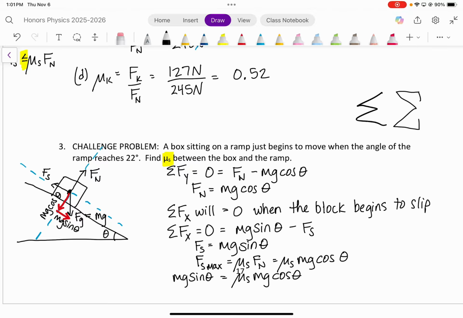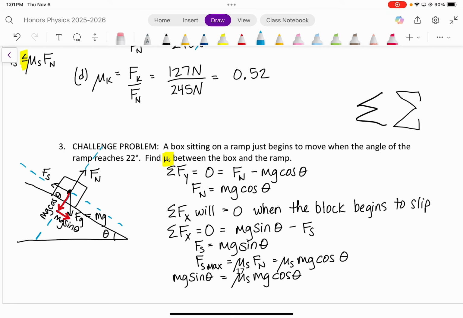Static friction. So what I need to do is get the coefficient of static friction, mu, on one side of the equal sign, and everything that's not mu on the other side. But before I do any of that, I see some stuff that shows up on both sides of my equal sign. So what can I do to those things?